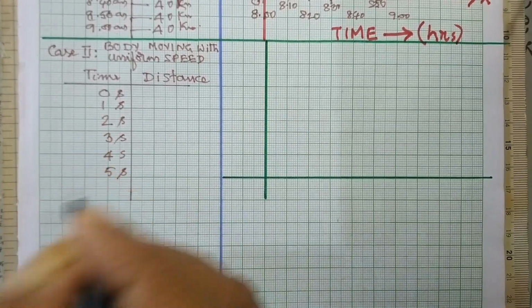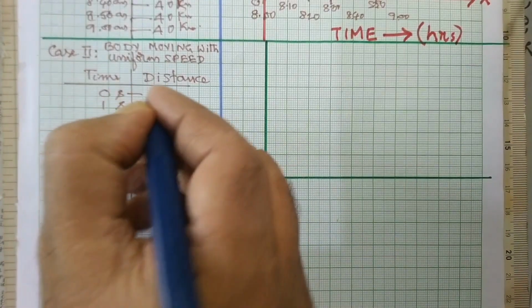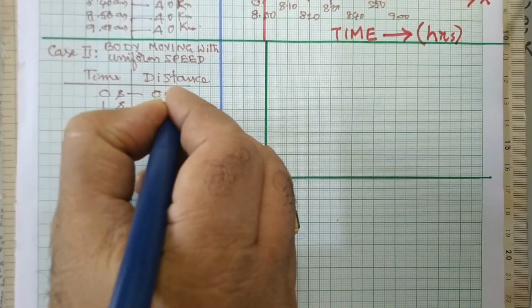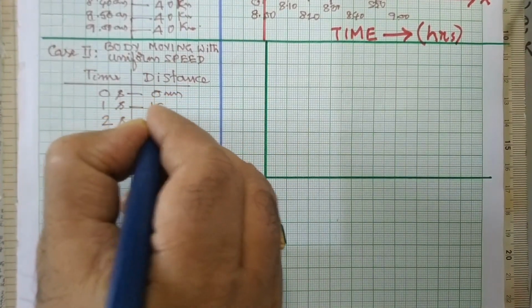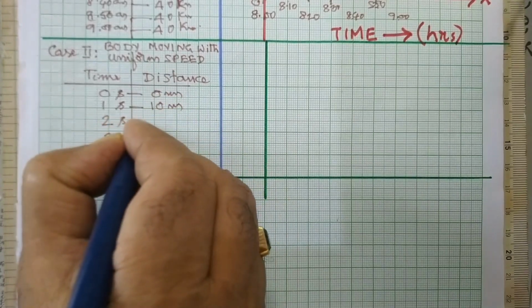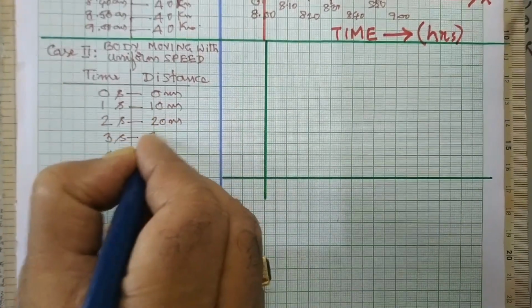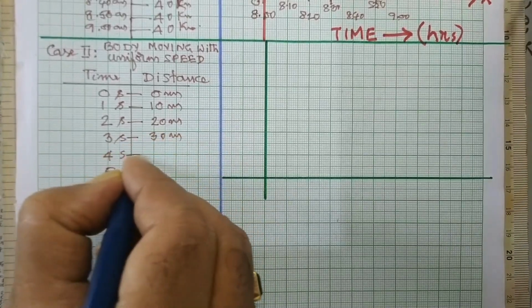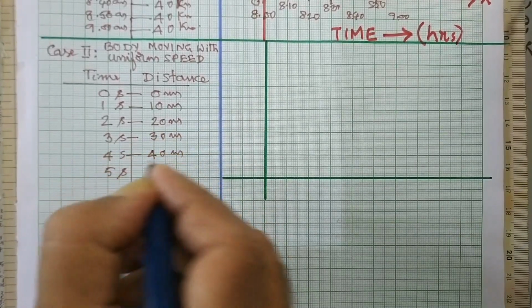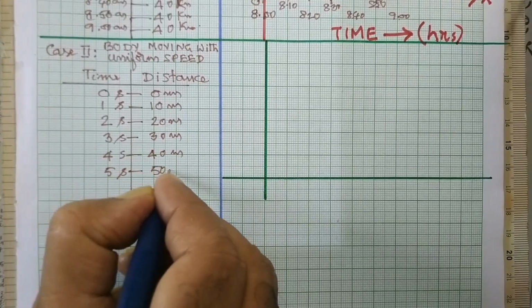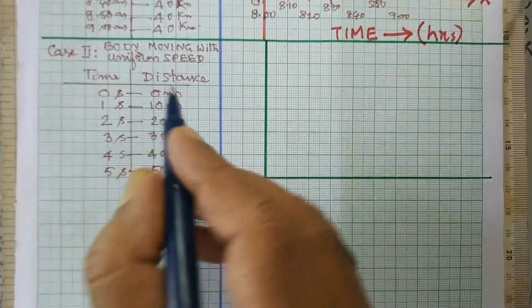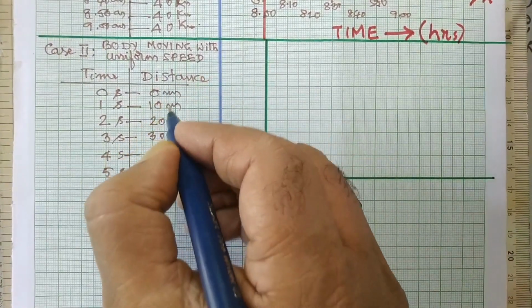Then 0 seconds, it is 0 meter. 1 second we have seen that it covered 10 meter. 2 seconds it has covered 20 meter, and 3 seconds 30 meter, 4 seconds 40 meter, 5 seconds 50 meter it has covered.